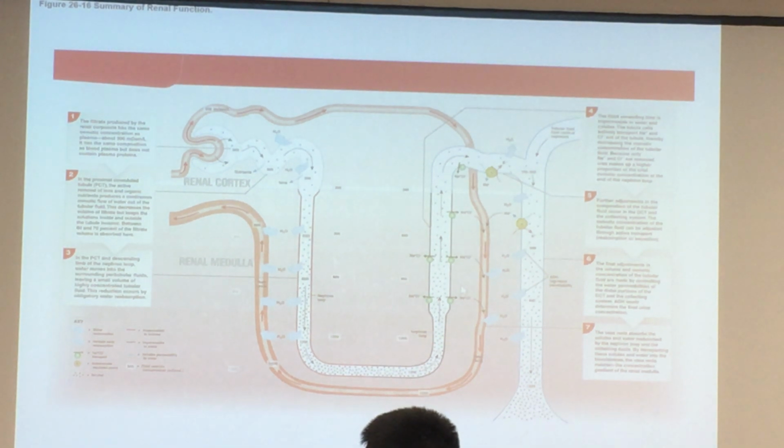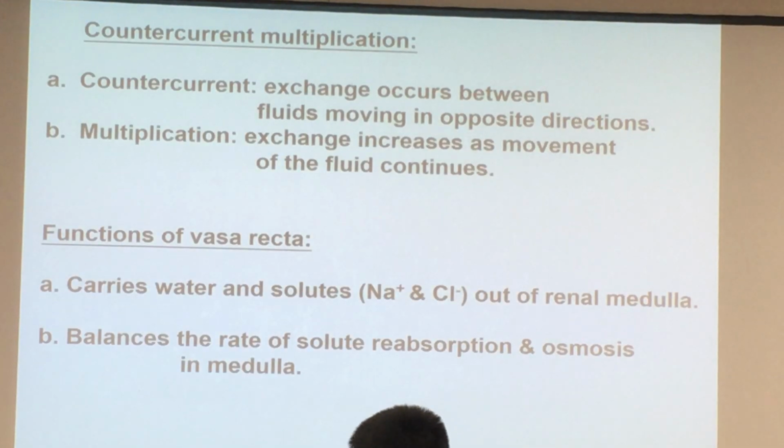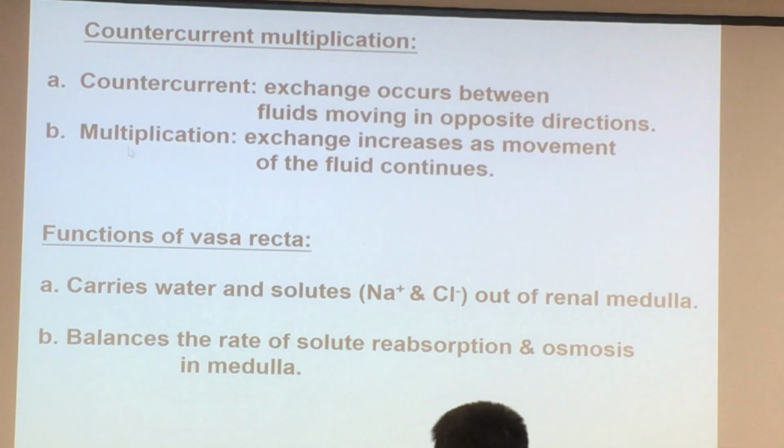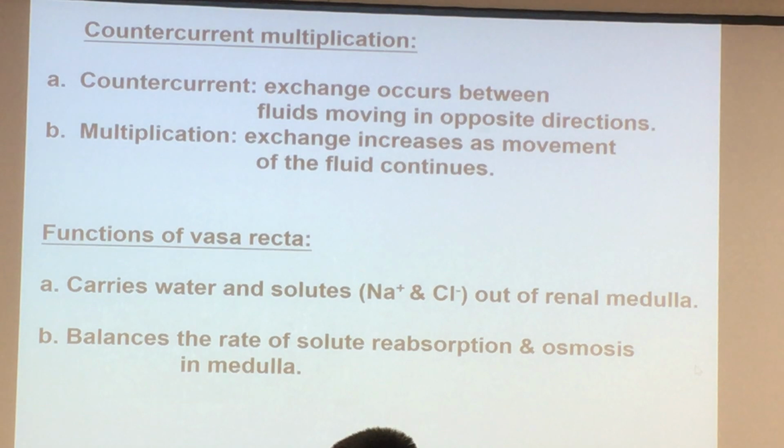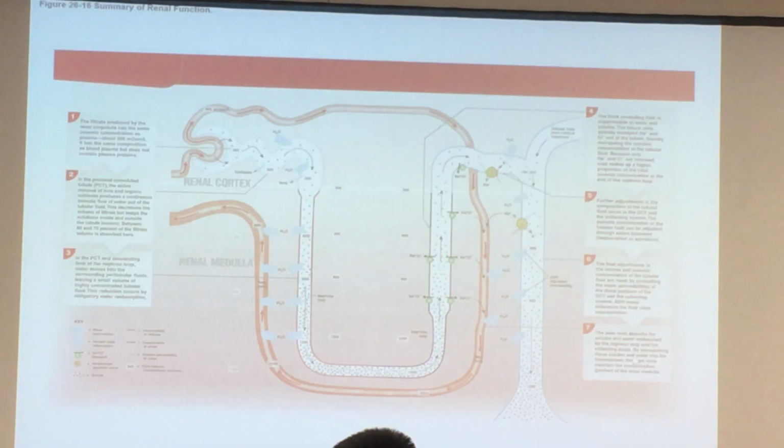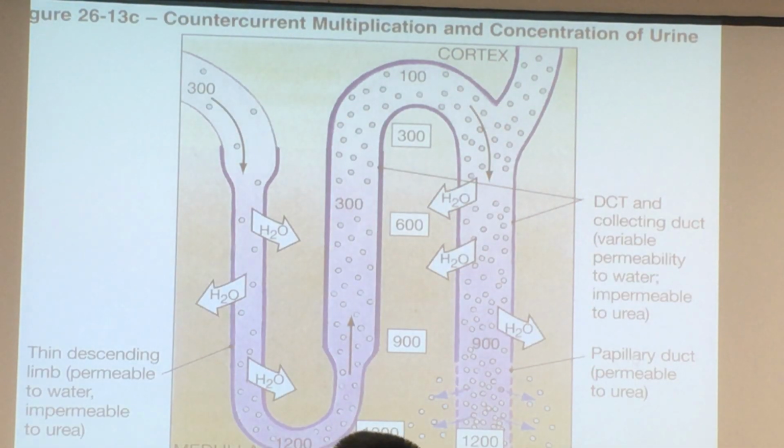Okay. So that is the function of the vasa recta. It can carry the water or fluid quickly out from the medulla. It can balance the reabsorption and osmosis in the medulla.